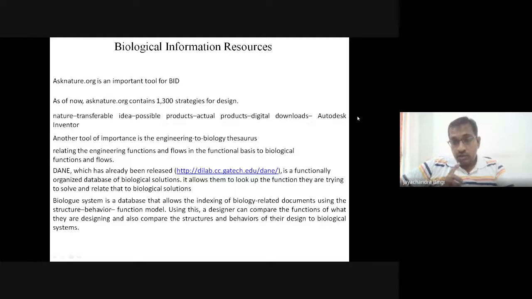Okay, those are the two very important methods which we can practically use in any area to get bio-inspired solutions. Also this semester, I would like to ask your opinion.